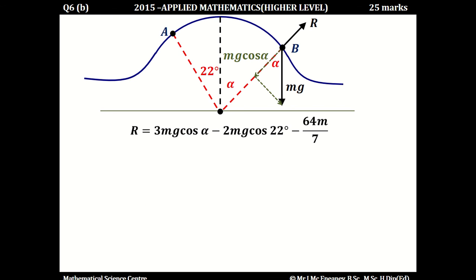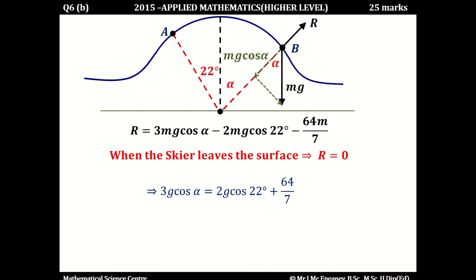Now at the point B then, we're told that the skier leaves the surface. So this means at B, the R value is going to be 0. So this means then 3g cos alpha is going to equal 2g cos 22 degrees plus 64 over 7.